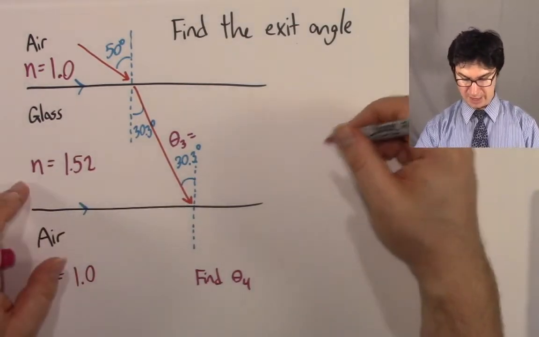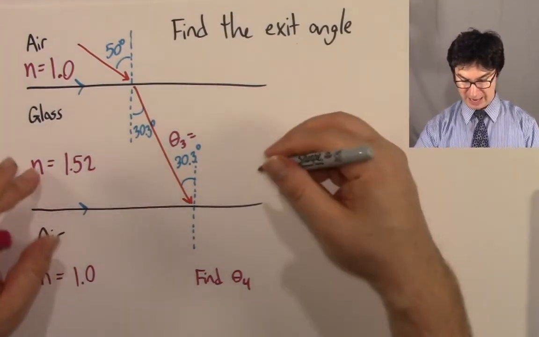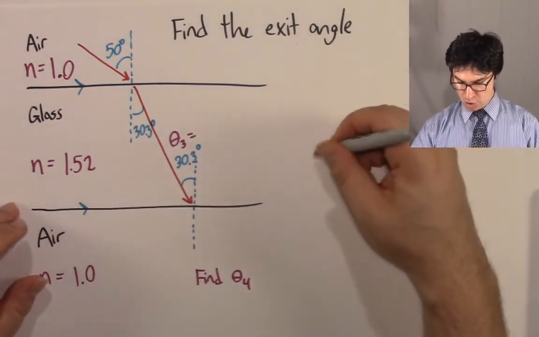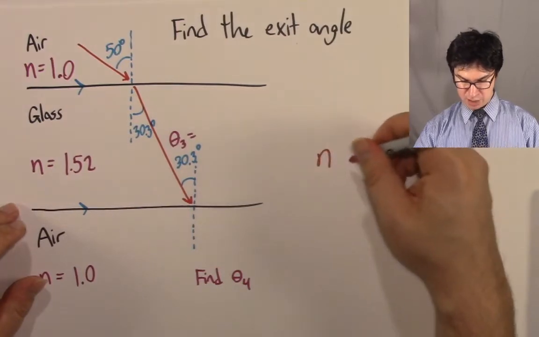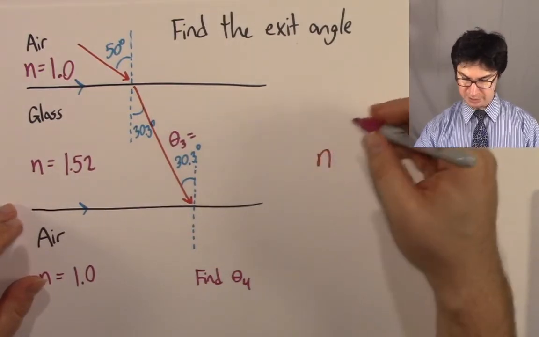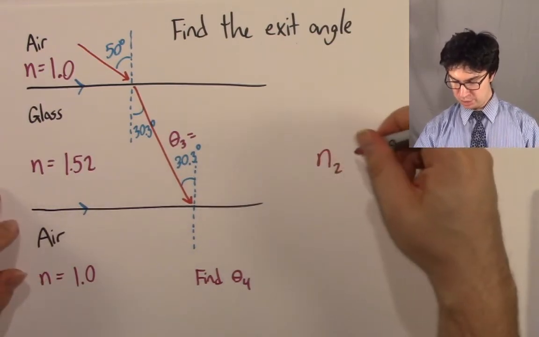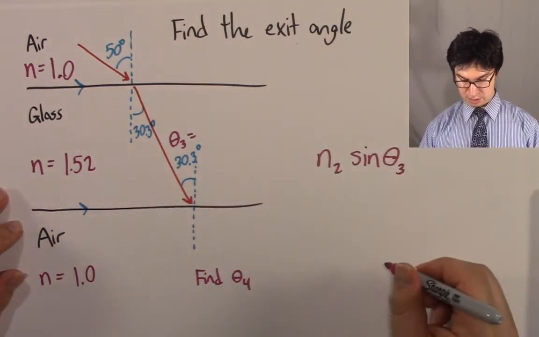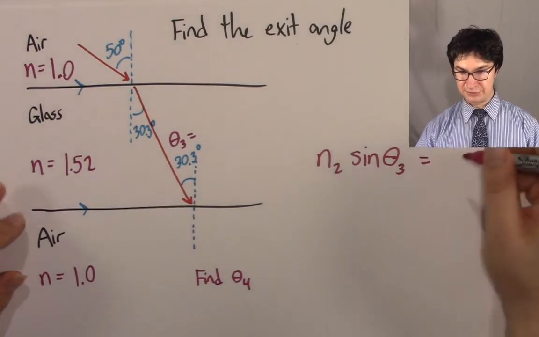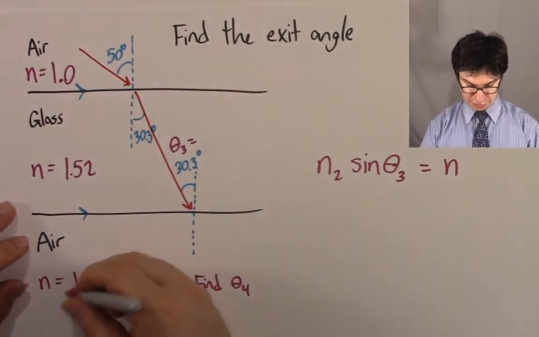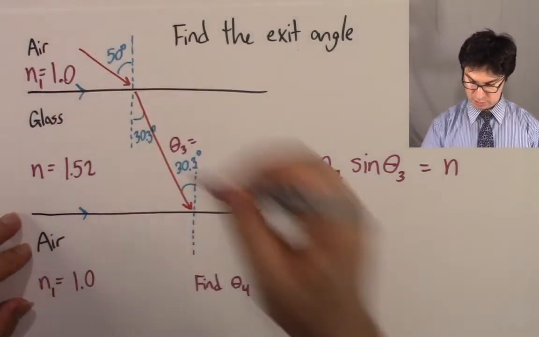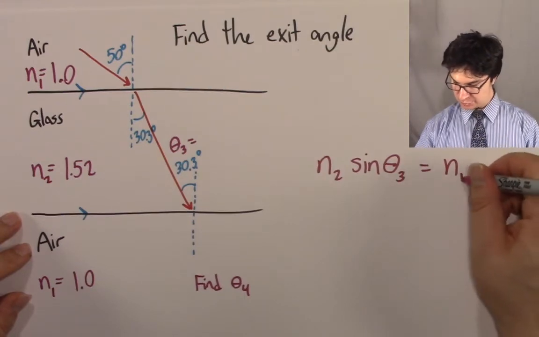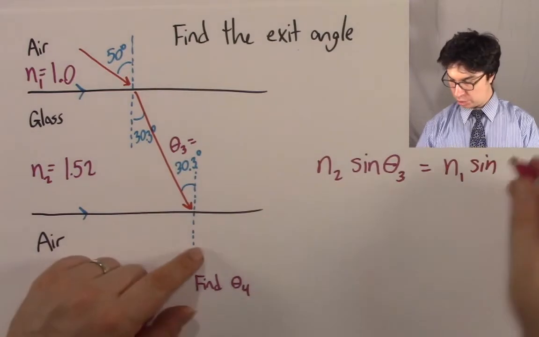I'm going to write this equation again: the index of refraction of glass, n2, times sine of theta 3 is going to be equal to, now we're passing back into the air, so this is back to n1, where this is n2, n1 sine of this angle, which we're going to call theta 4.